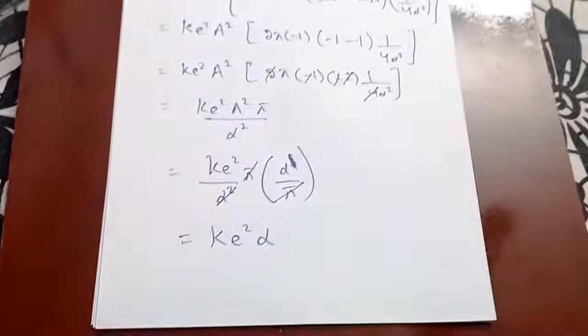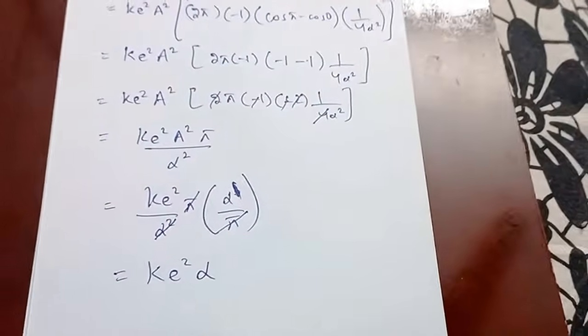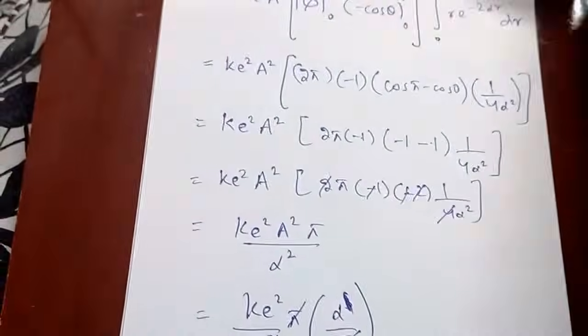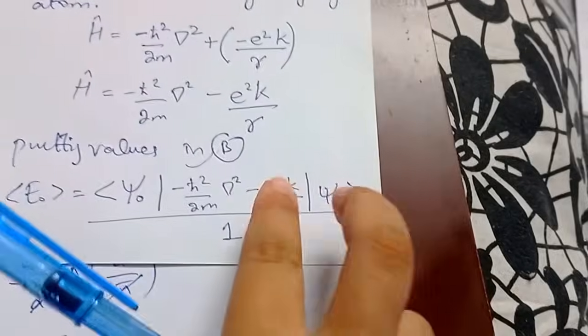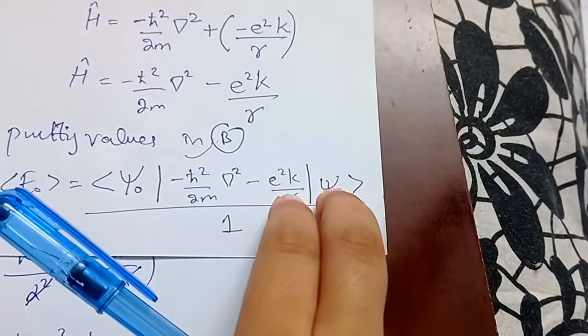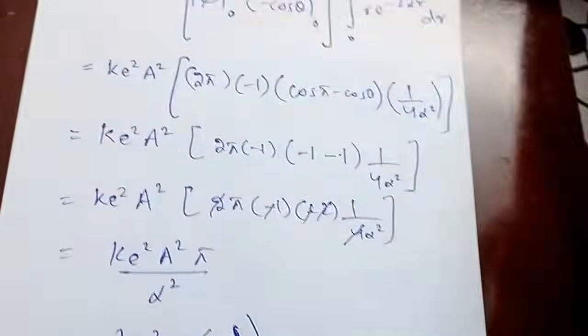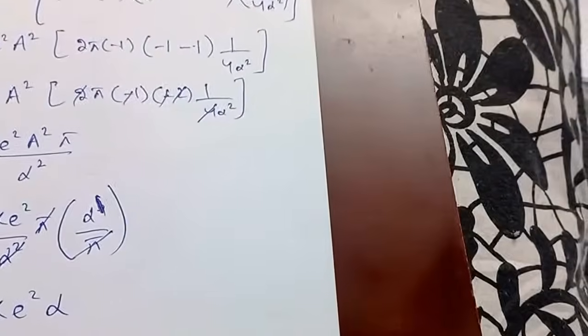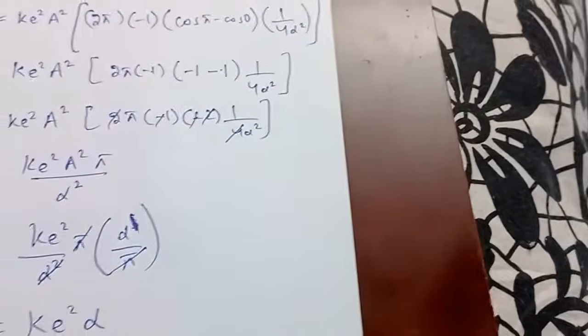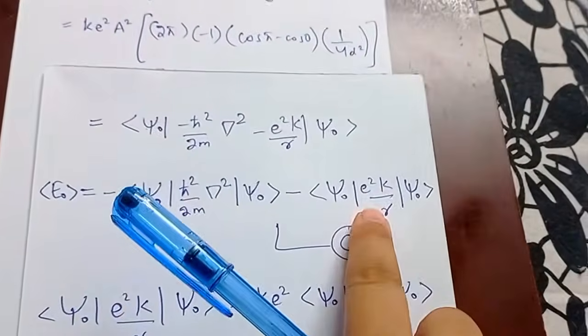This is the result for one part of the integration that we have done. Okay, for this part. Now let's do it for the second part. This part is done.